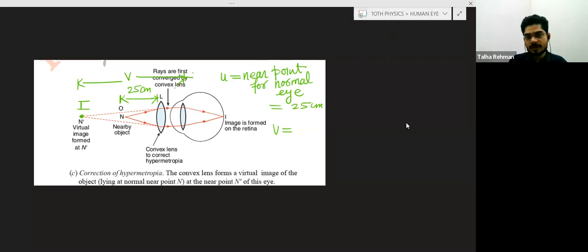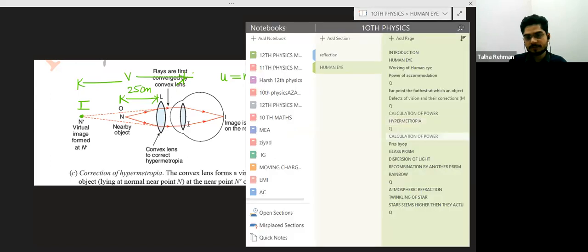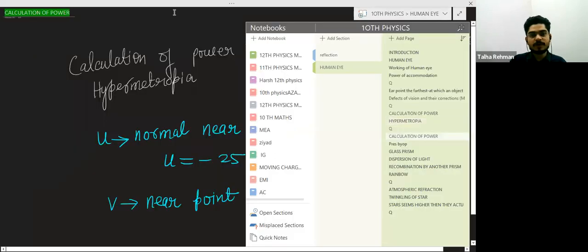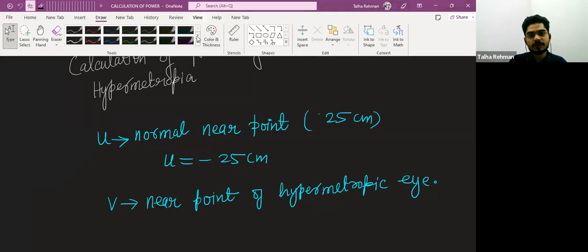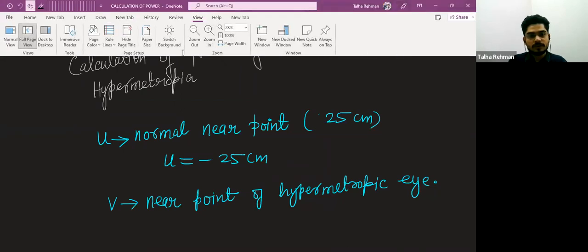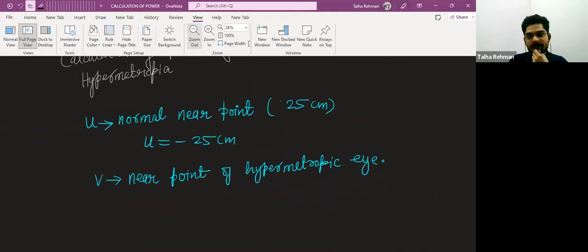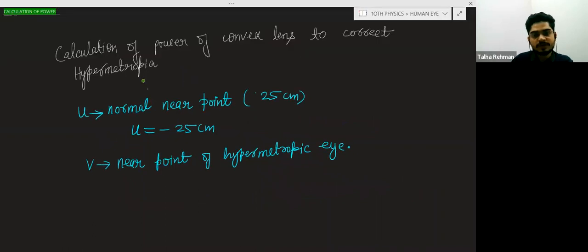So you can write here: calculation of power of a convex lens to correct hypermetropia. Basically, we use the convex lens, and for object distance we take the normal near point. What is the normal near point? That is 25 centimeter. And why are we taking minus 25?